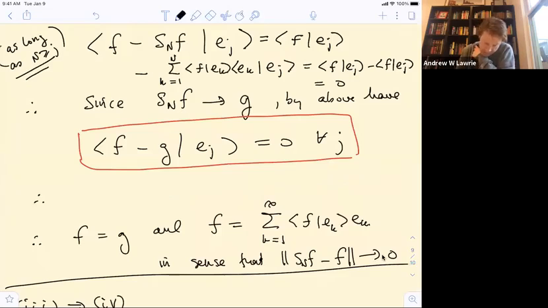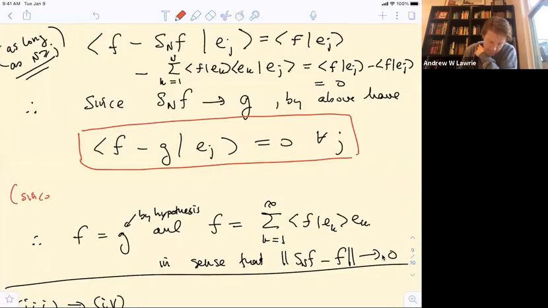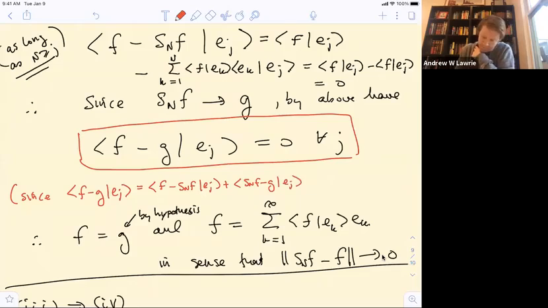By hypothesis, I can write this, and this is equal to 0.